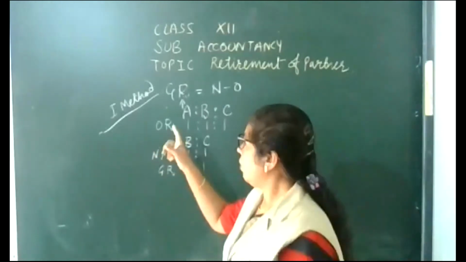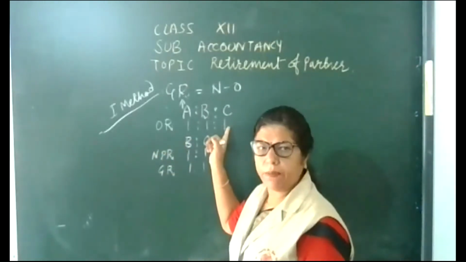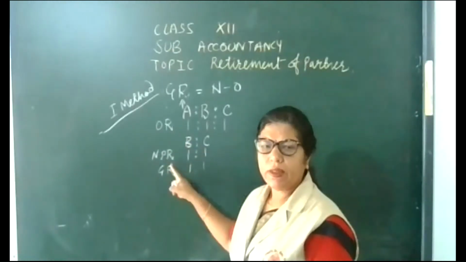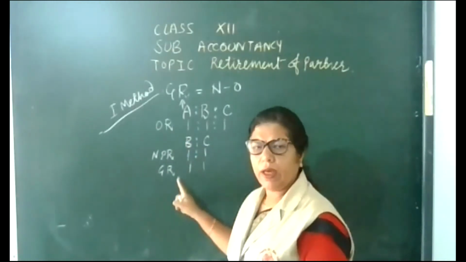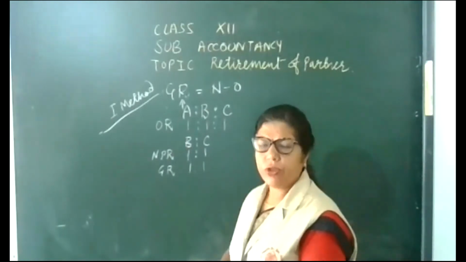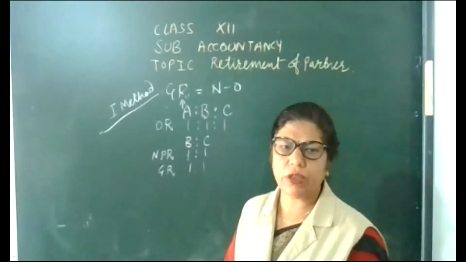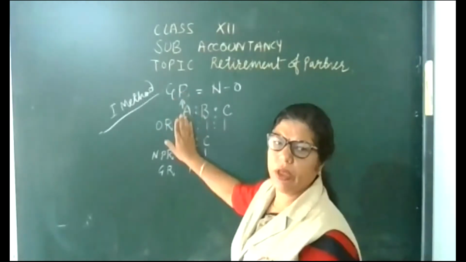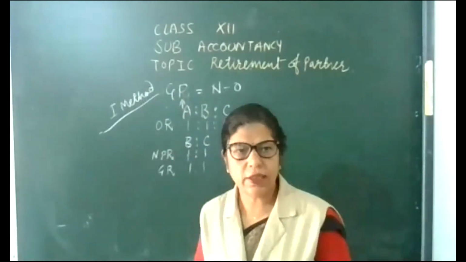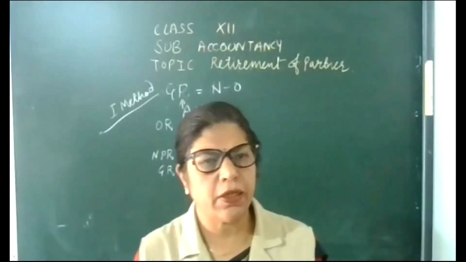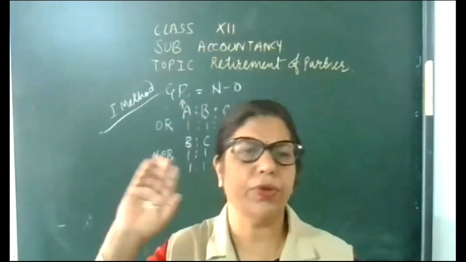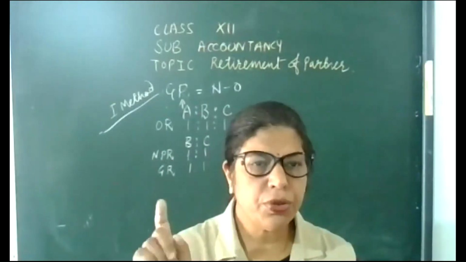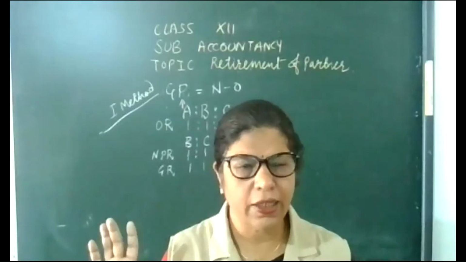So here it is 1:1:1. Now B and C, that is NPR and GR also. In this type of question, you have to remove the one who is outgoing. Yesterday I told you that the retired partner is also known as outgoing. So here, no need to calculate gaining ratio.